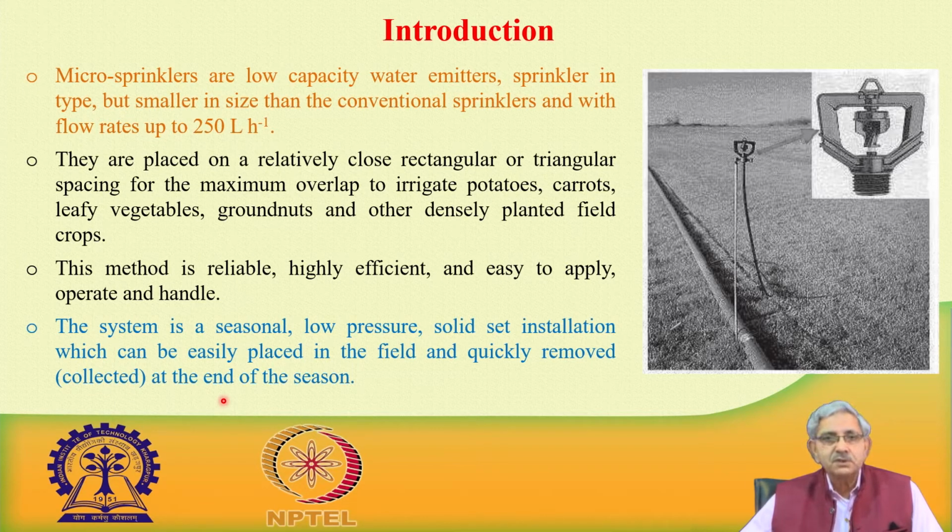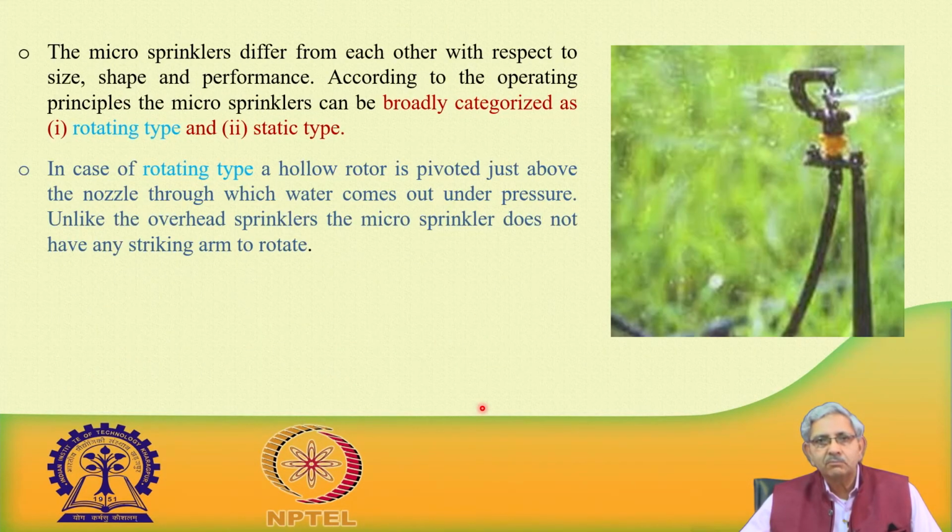The system is seasonal, means one can use it and then bring it back after the crop season is over. It operates at low pressure. It has a solid set installation, means once it is installed, then at the end of the crop season, the system can be removed or brought back, and then again it can be reinstalled when the new crop is being planted.